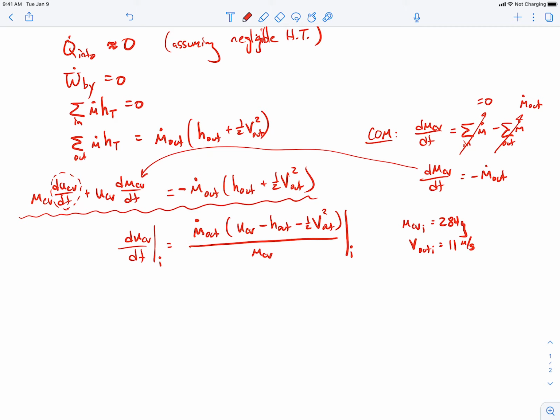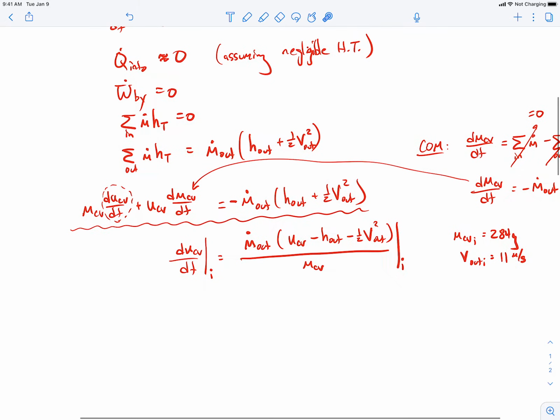Okay, so I'm getting some quantities so far. Let me focus on the specific internal energy in the control volume initially. That's going to come from the property tables for R134A.